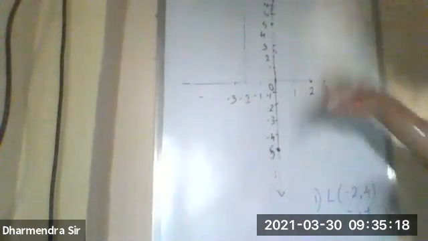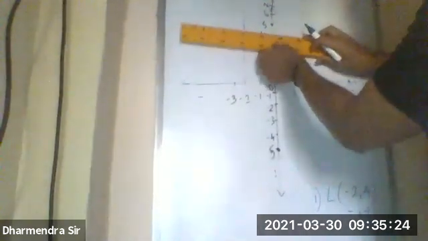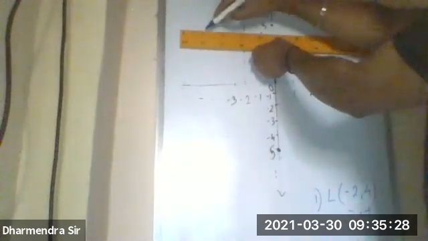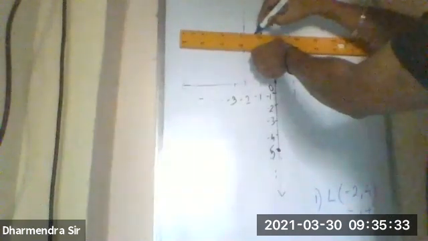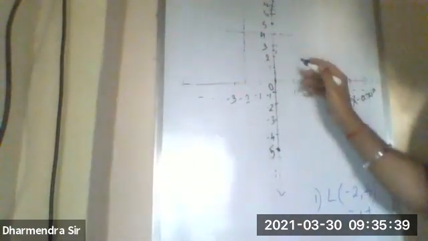y equal to 4 means above the x-axis. So where is it? This is the point, y equal to 4. I will keep the scale horizontal and draw a dotted line. Whatever is visible to you.